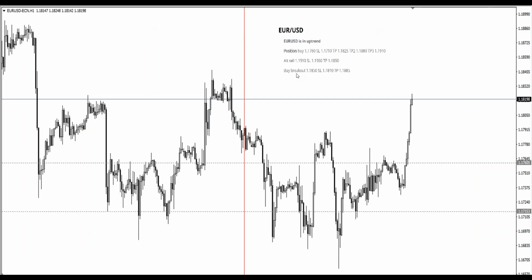This actually happened for euro dollar. I was pretty sure that euro dollar is in an uptrend. And I know that I've been criticized by other traders and analysts. I mean, there is no place for a critic, because everyone can make money on shorts and longs if they enter a correct position.